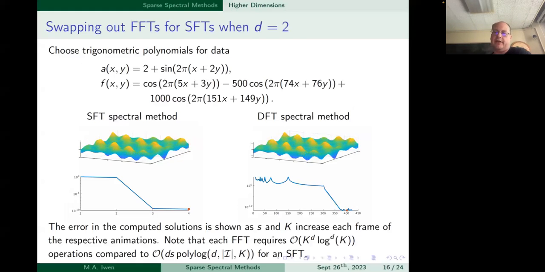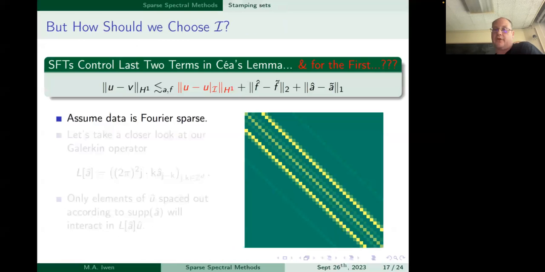And the main thing here about runtimes is that an FFT is K to the D times log factors runtime, where D is the dimension of the problem. And these sparse Fourier transforms are just sort of log linear in D. So as you increase D, you can solve problems using a sparse Fourier transform that you can't even start solving with a regular type of FFT-based method.